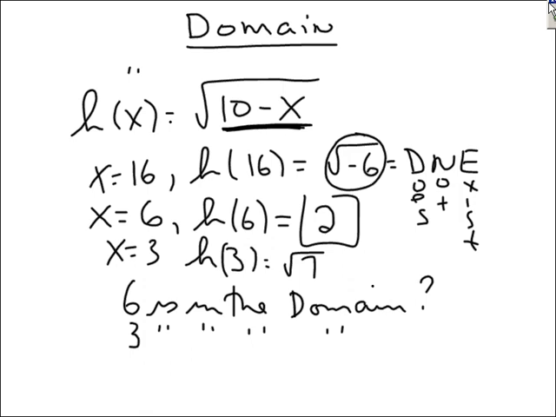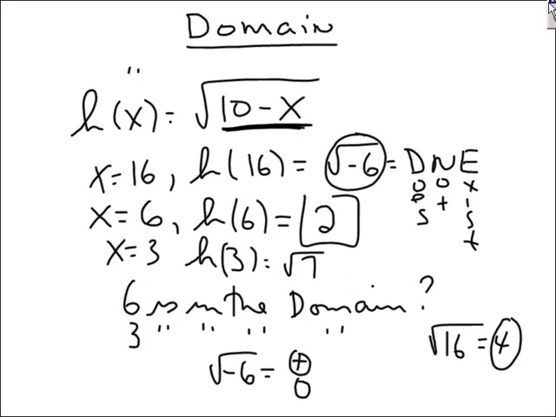For example, the square root of 16 is equal to 4 because 4 times 4 is 16. Now, when it comes to the square root of negative 6, you can't even give me the sign of the answer, because there are 3 different types of numbers: positive numbers, the number 0, and a negative number.